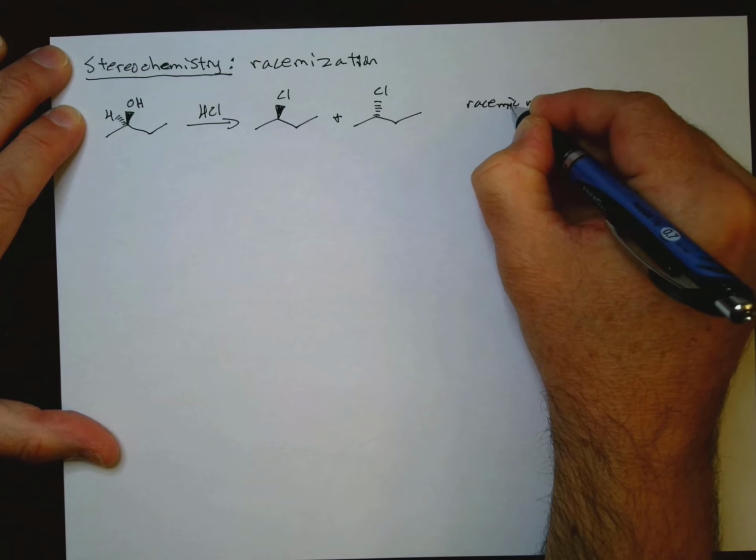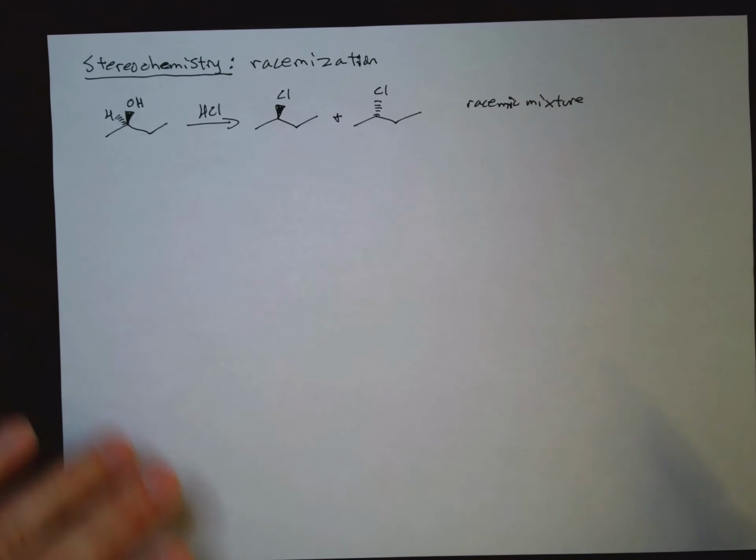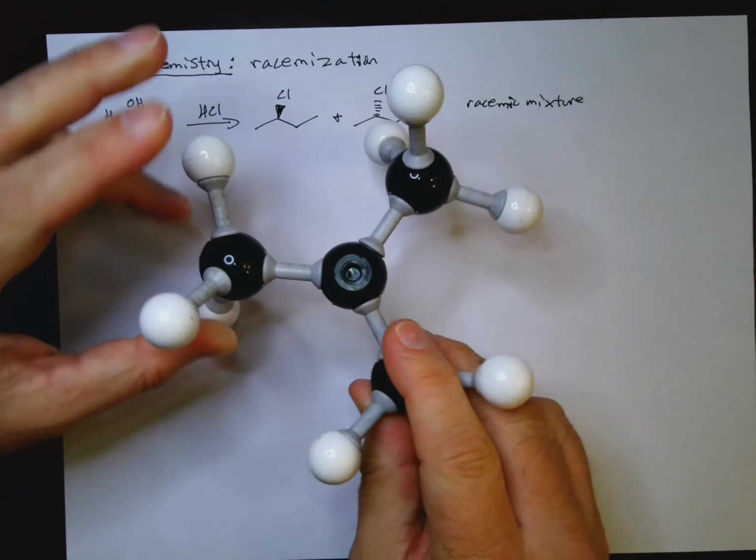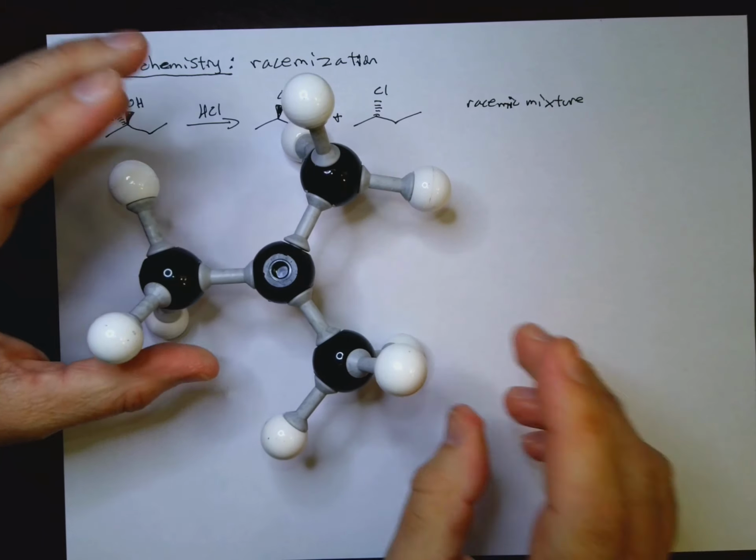So a mixture of both the R and the S enantiomers. And the reason for that is that our intermediate is planar.